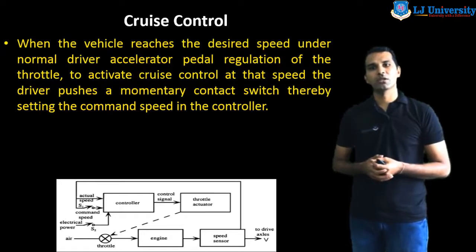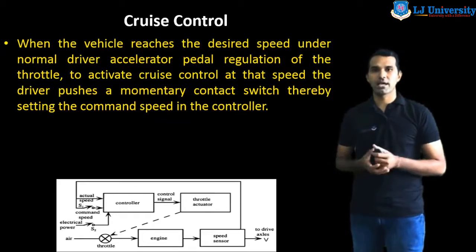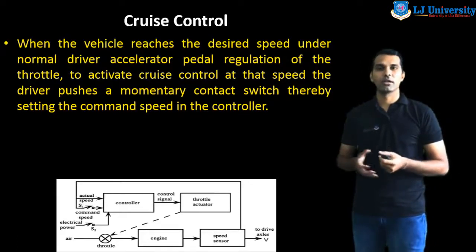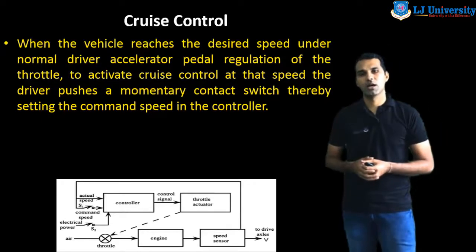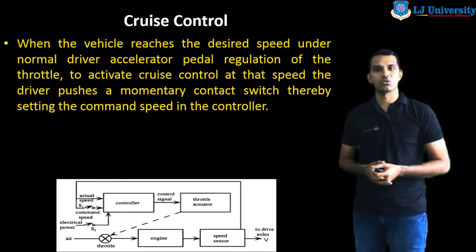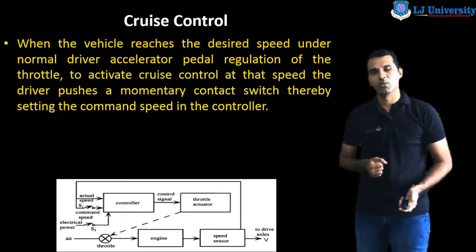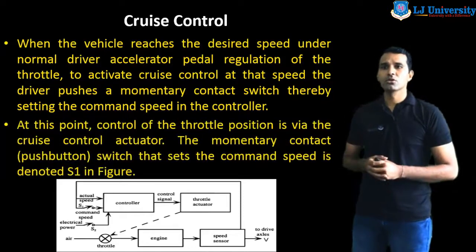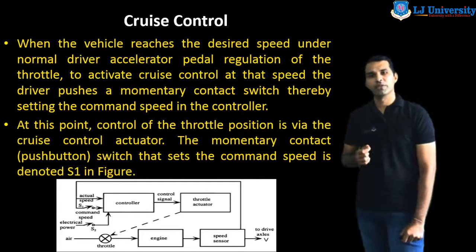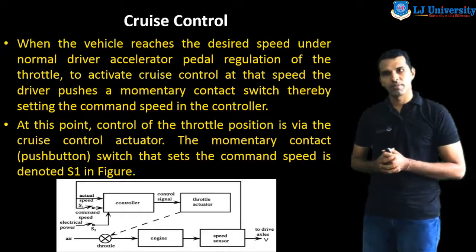And S2 is for when the driver uses the normal accelerator pedal. In the city area or other areas, the driver normally uses manual control, so for the manual control there is an S2 switch. Now we understand how this cruise control works. At this point, control of the throttle position is via the cruise control actuators.